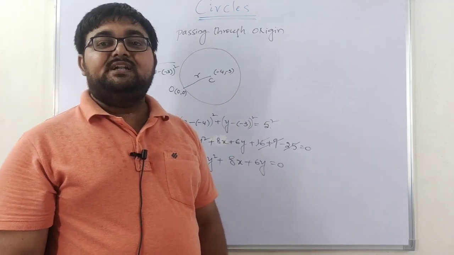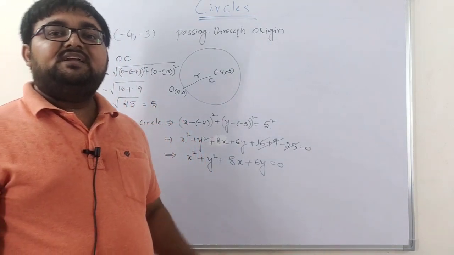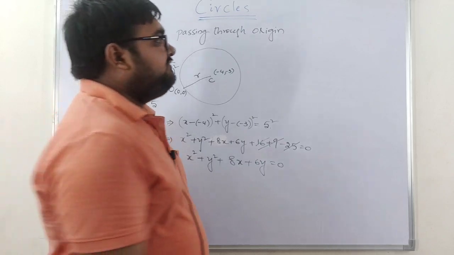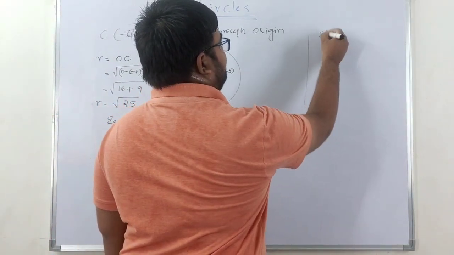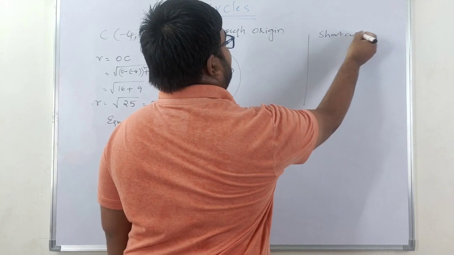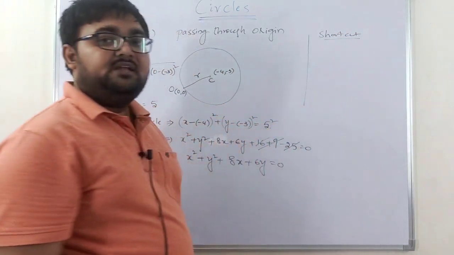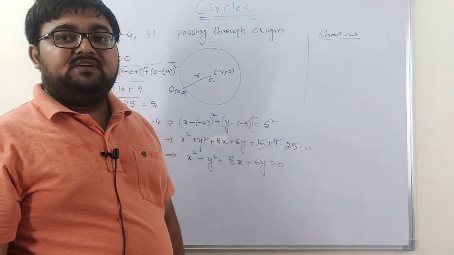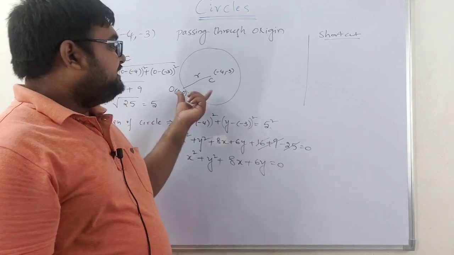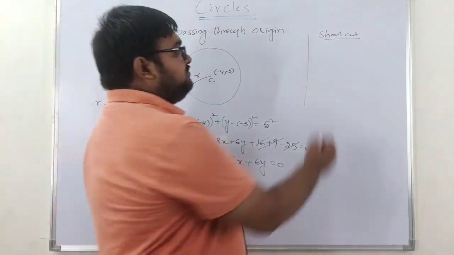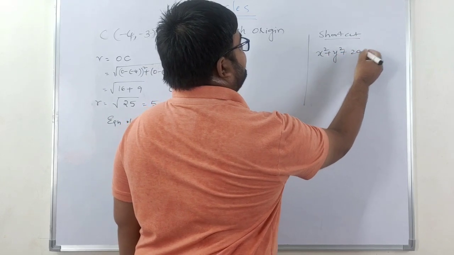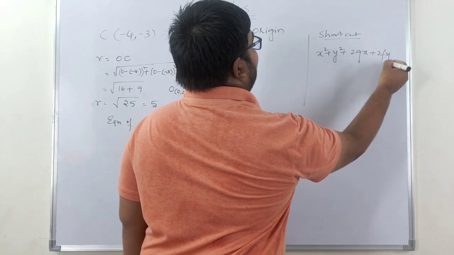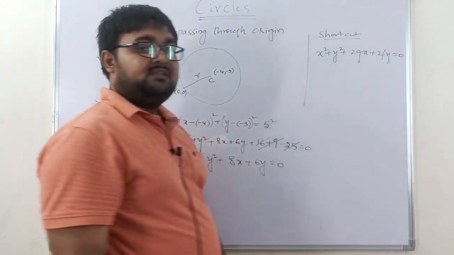If you want to find it in short, we can find it in a shortcut way. We already know the general form of a circle passing through the origin. What is that? x² + y² + 2gx + 2fy = 0.